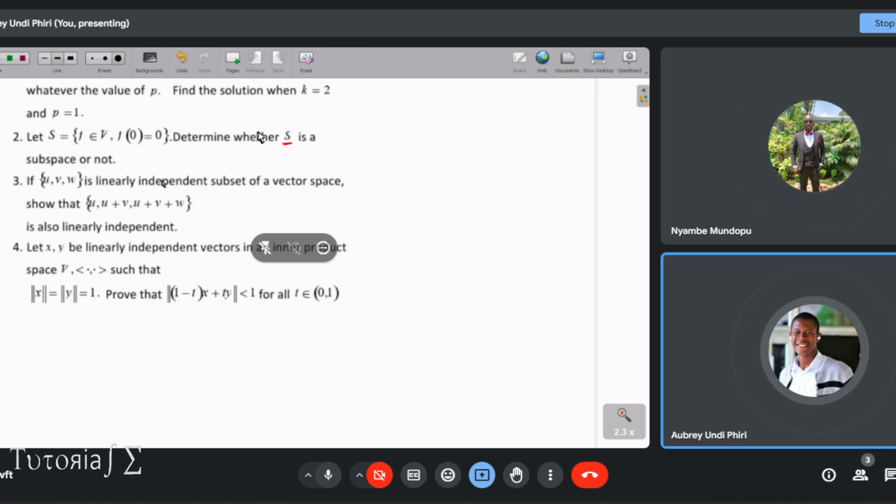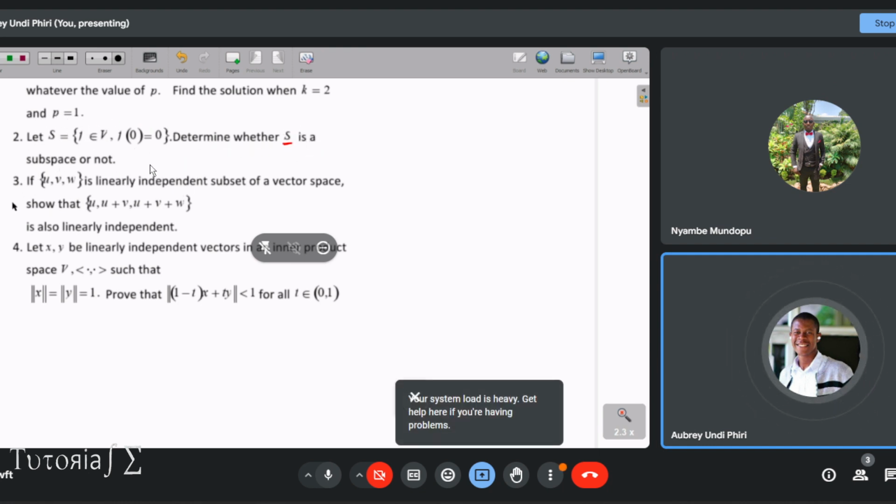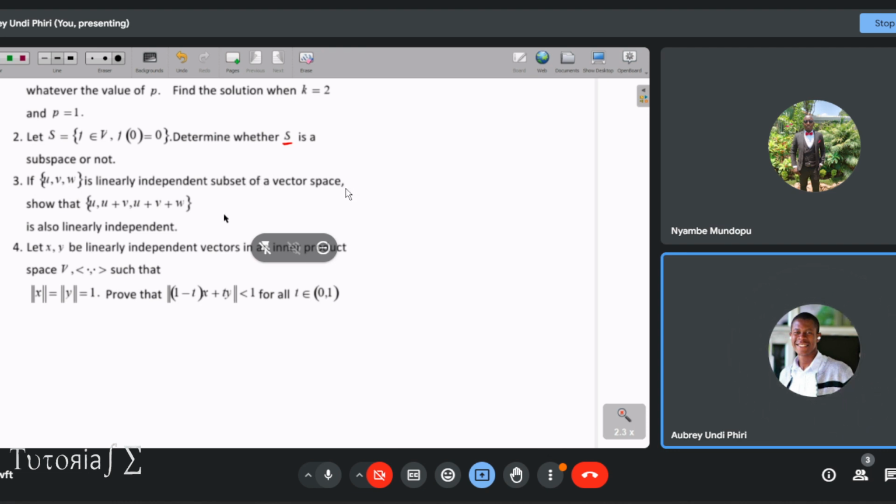Determine whether S, which is the entire set, is a subspace or not. Are you able to see that? Yes, I'm able to. All right, let me just switch to my whiteboard.